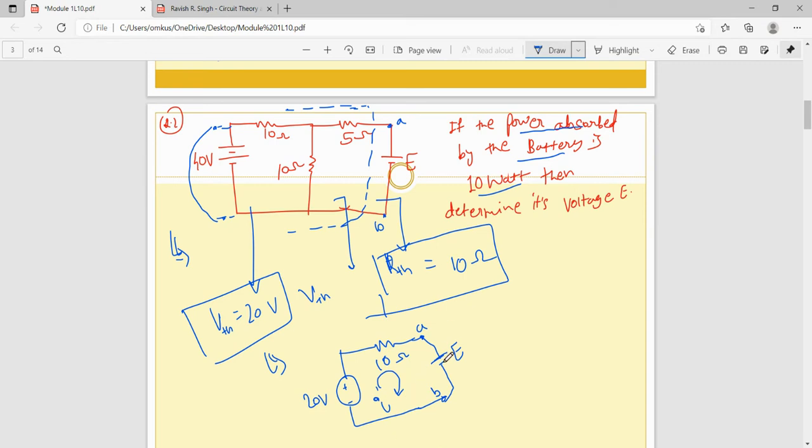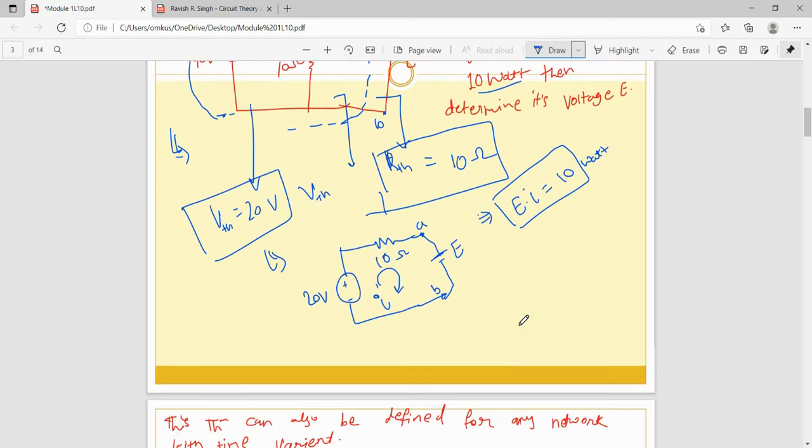Means our direction is right, because when the battery absorbs, the direction of current is same as I assumed here, right? When the battery delivers the power, it means the direction is anti-clockwise. Now I am getting the direction of current is clockwise. That means battery consumes the power, right? Absorbs the power. So what is the power absorbed by the battery? That is E into I, which is given 10 watt, right? This is one equation given to you.